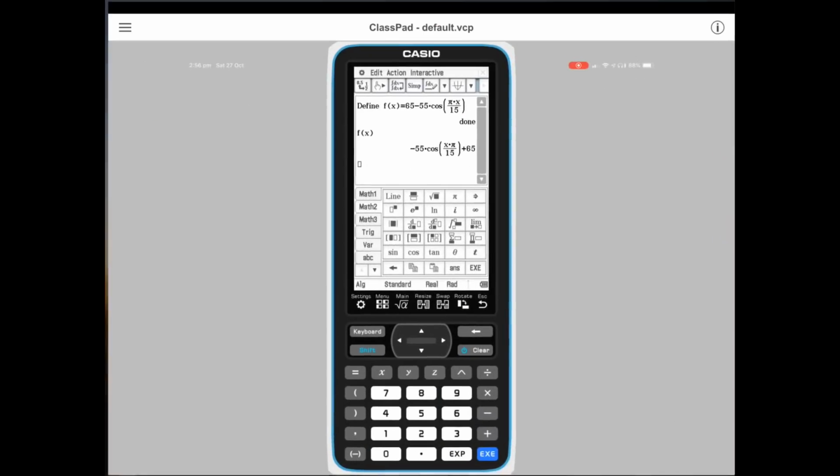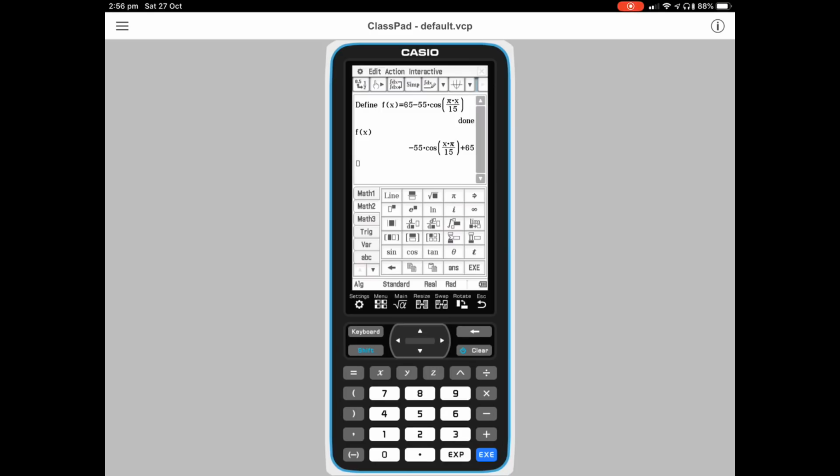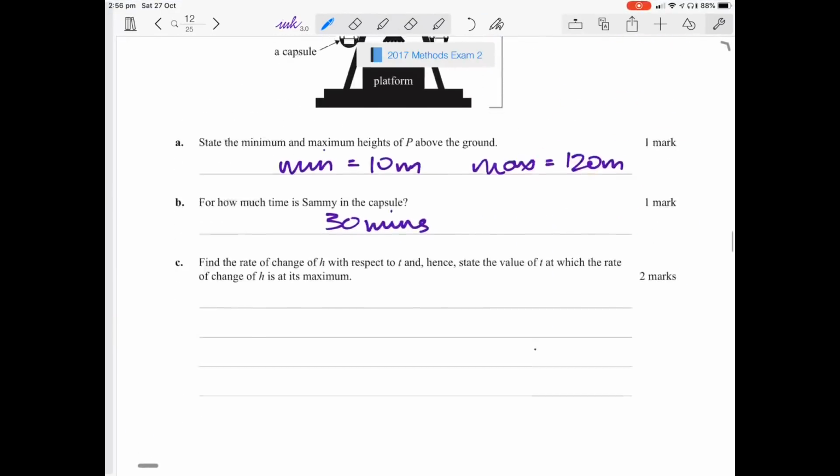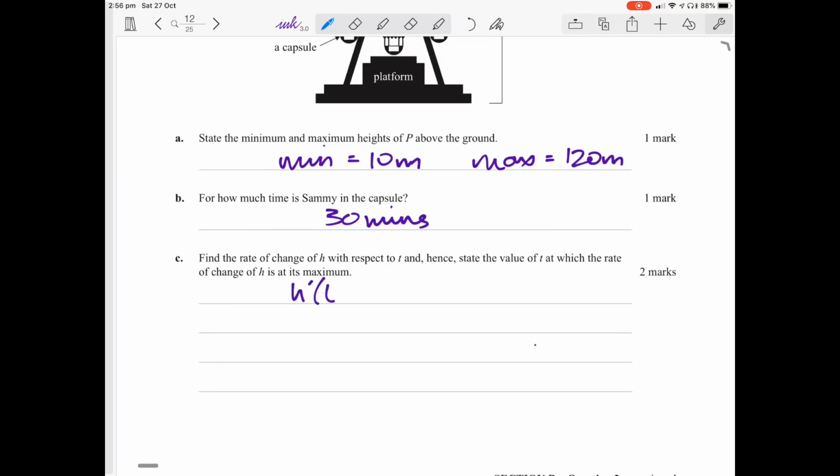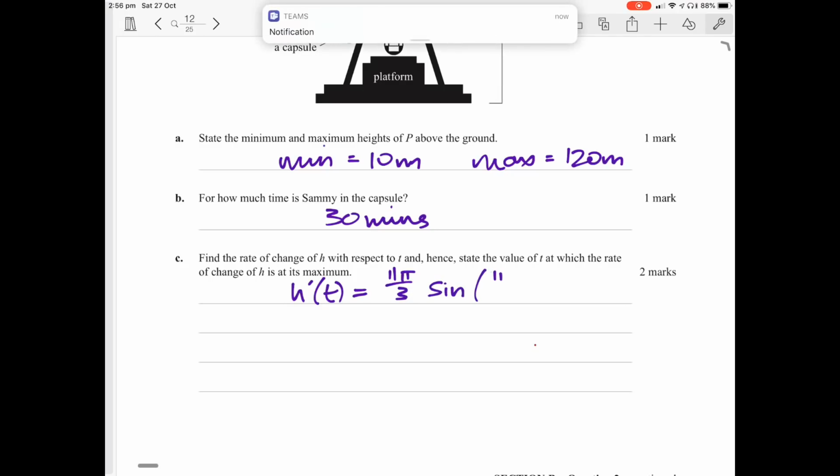Just make sure you've got it right so you don't stuff it up. So we want to derive that. d dx of f of x is 11 pi on 3 sine pi x on 15. H dash of t is 11 pi on 3 sine pi t on 15.